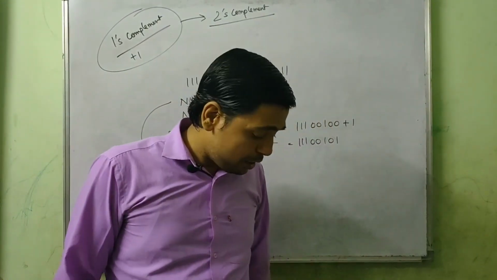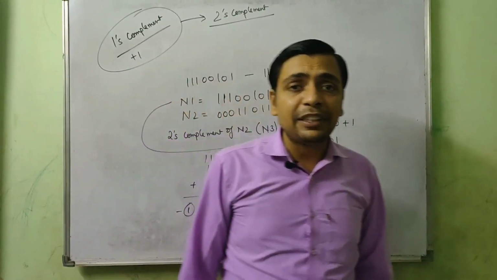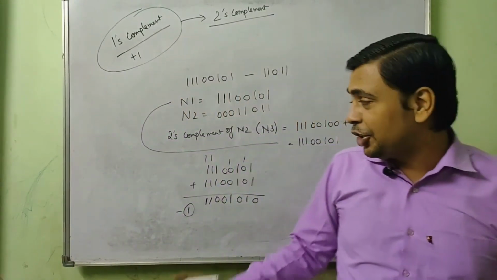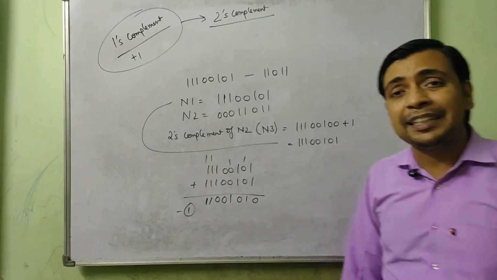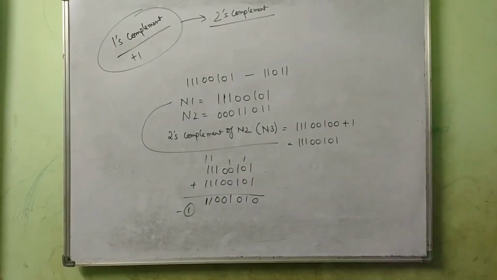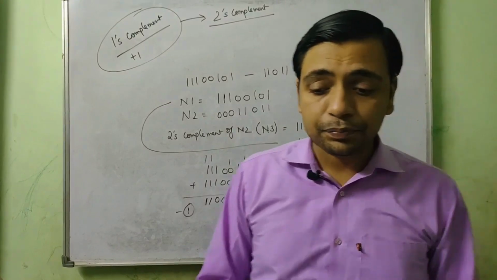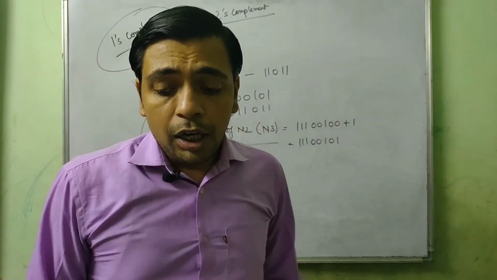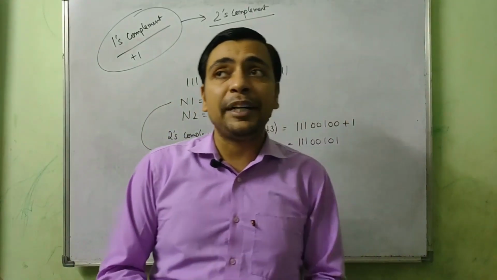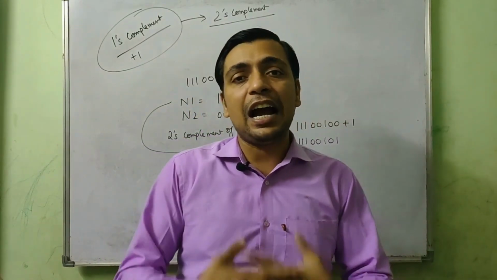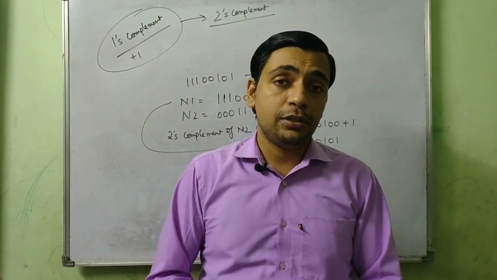So whether you are getting a carry after the addition of the 2's complement or 1's complement tells you whether the result is a positive number or a negative number. With that you can easily perform the binary subtraction. Now the last arithmetic operation with binary numbers is binary division.